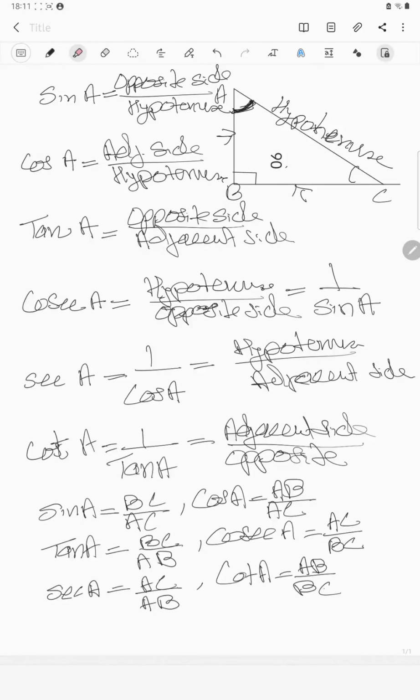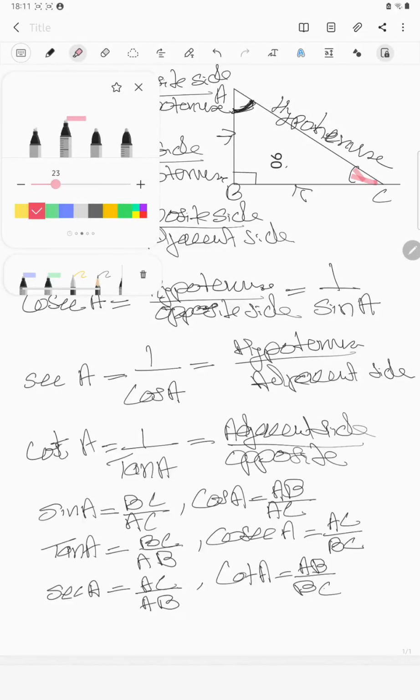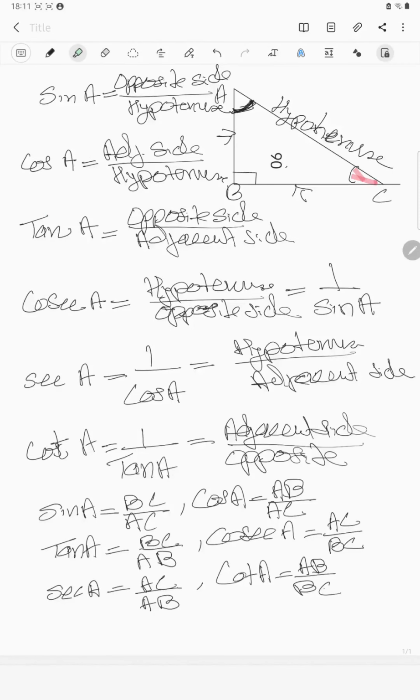Now we will find the ratios with respect to angle C. This is also one of the complementary acute angles. Let us see the same ratios but for the next angle.